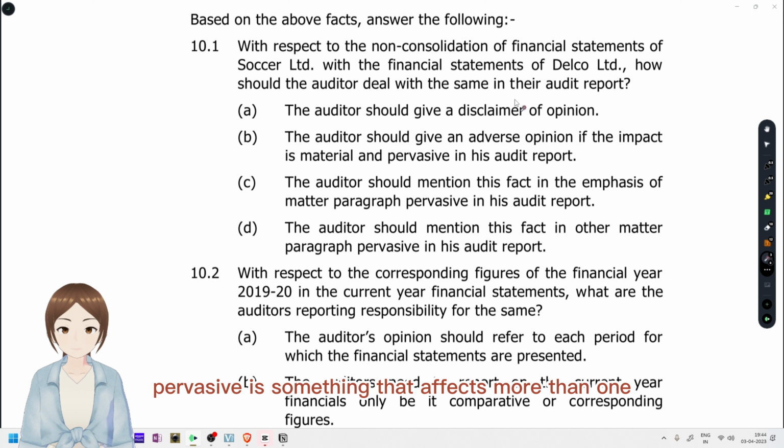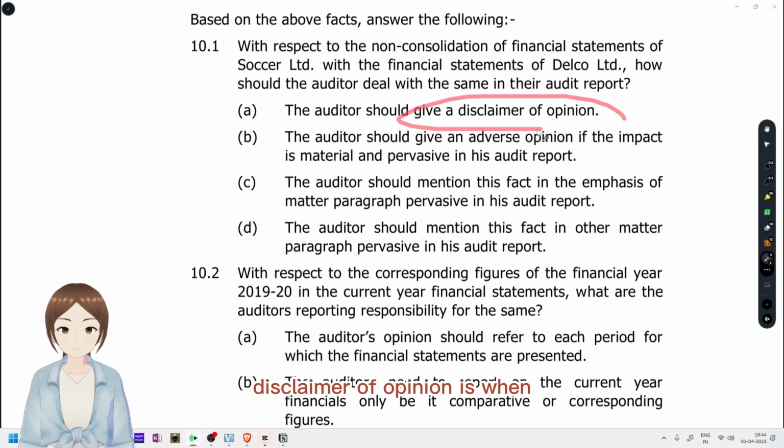Pervasive is something that affects two or more account classes of transactions or account balances. Since a subsidiary could affect a lot of account balances, it's pervasive, and also material, because consolidation of a subsidiary is a material aspect. Since it relates to the financial statements, the auditor has to give an adverse opinion.